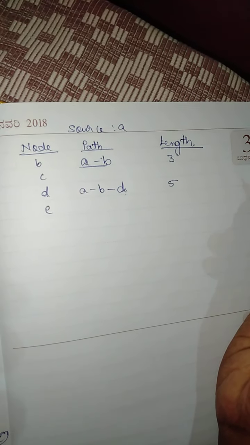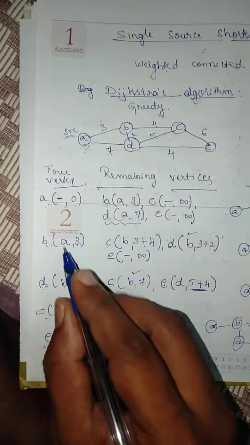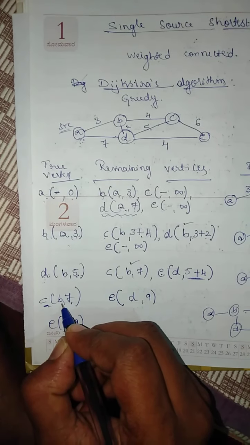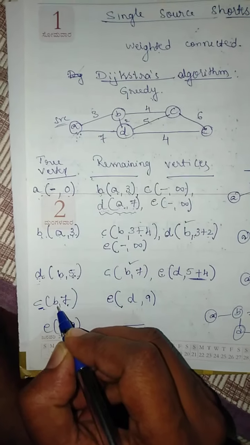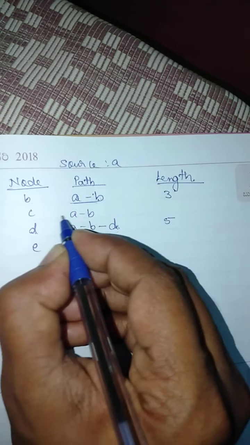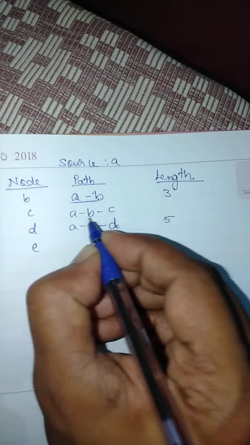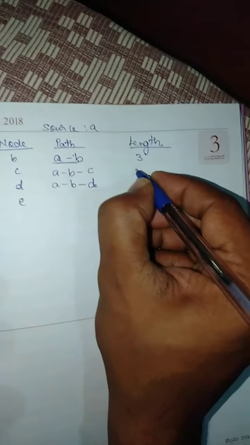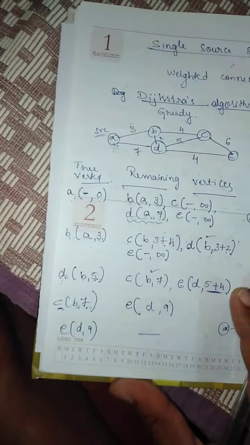Cost is 5. Next vertex is C. How to reach C? It is through B. So the path is A, B, and from B we reach C. So it is A, B, C. And the cost is 7. So write 7 here.